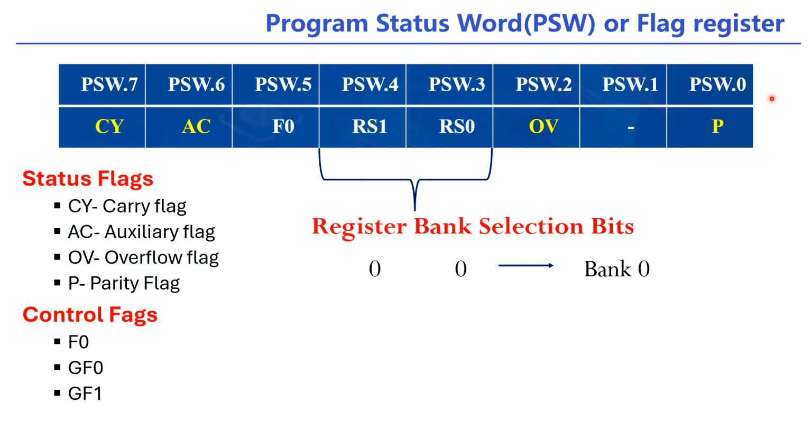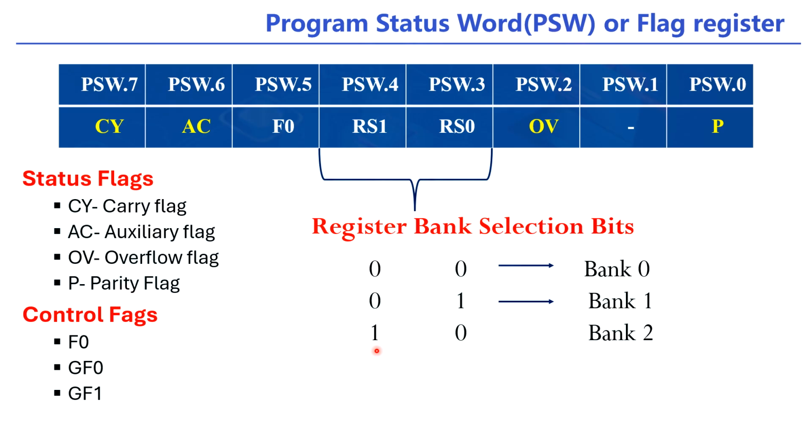So we can decide, suppose we put here 00. That means we want to select bank 0. Suppose we put here 01, here 0, here 1. That is bank 1. Next, for bank 2, we can put 1 and 0.